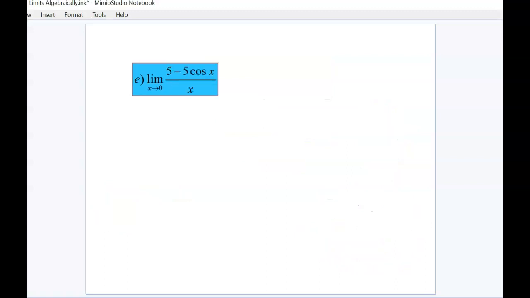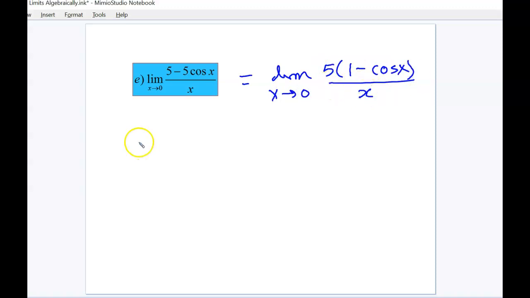In our next example, we have the limit as x approaches 0 of 5 minus 5 cos x over x. With this one, if I factor a 5 out of the numerator, I get 1 minus cos x, all divided by x.